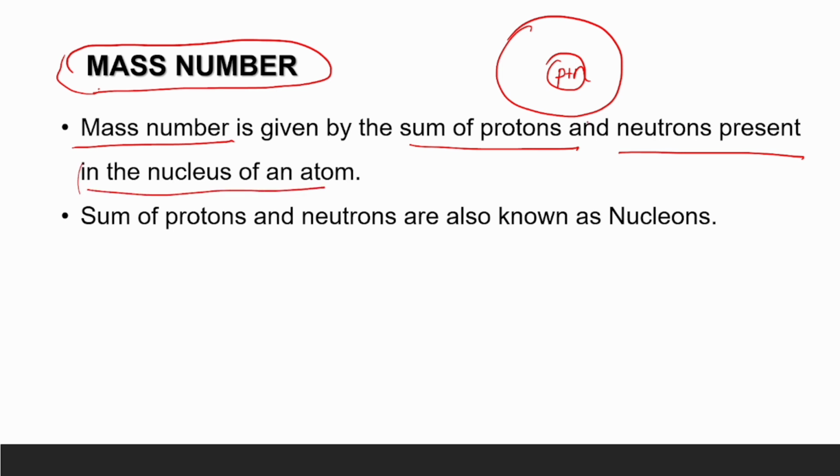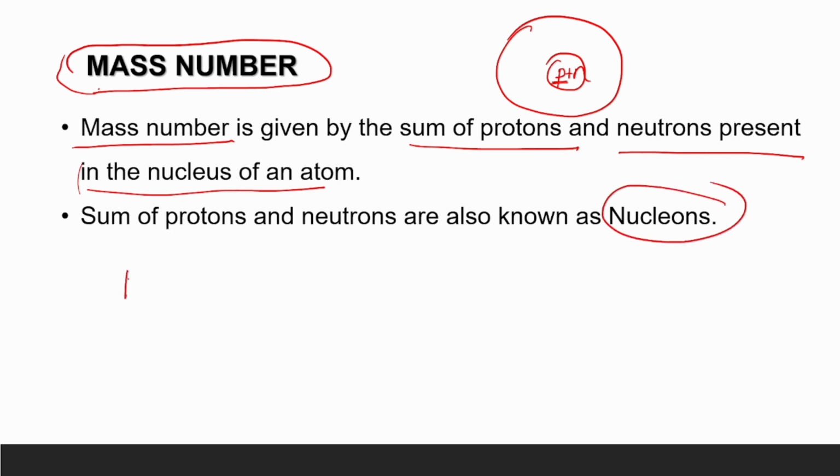We studied that atomic number is the total number of protons only, but mass number is the sum of protons and neutrons. And the sum of protons and neutrons is also known by the term nucleons.